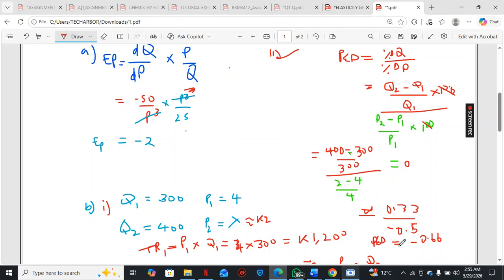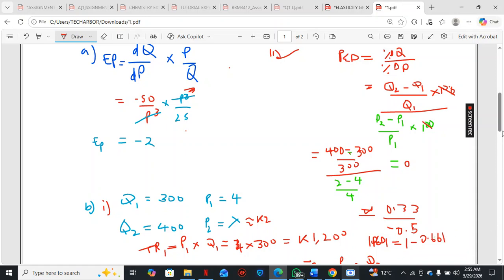Now, we have to get the absolute value. Why? Because due to the law of demand, when price increases, quantity demanded drops, and vice versa, so you're always going to be getting negative values. Every time you calculate the price elasticity of demand, you get the absolute value, meaning you just ignore the negative sign.